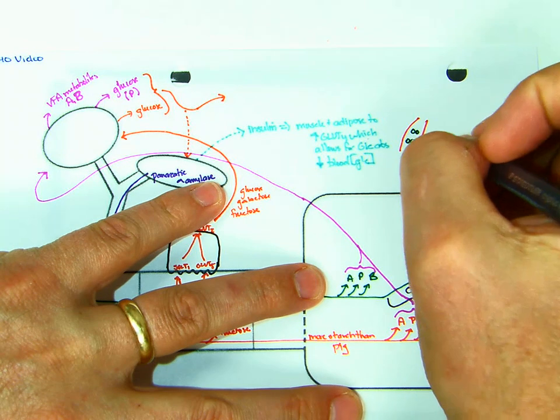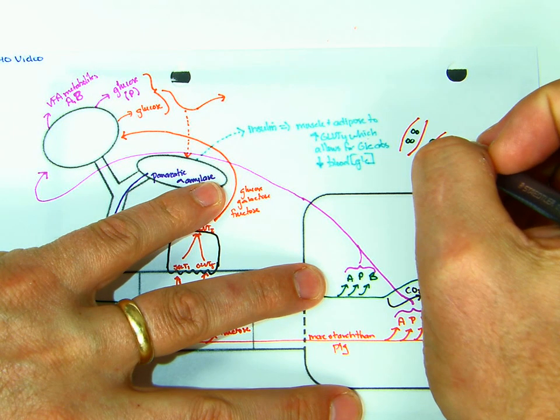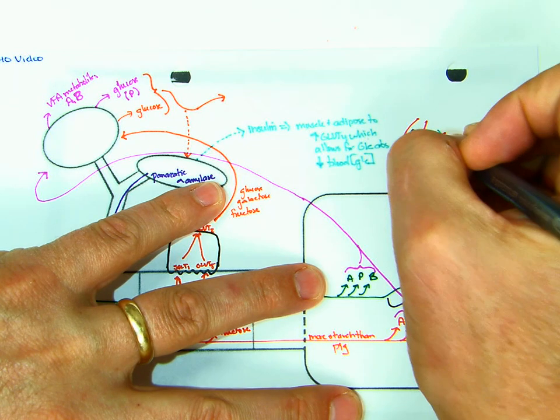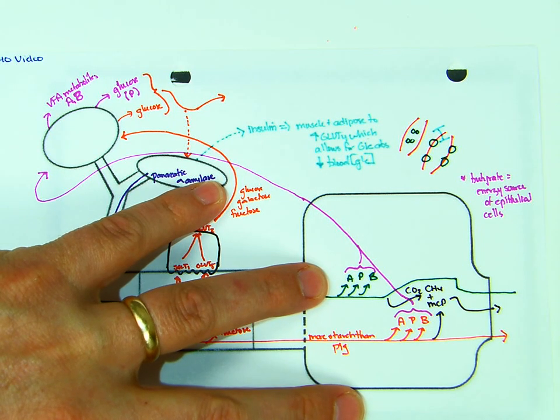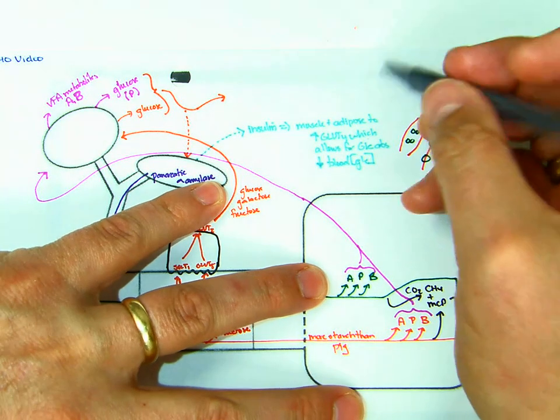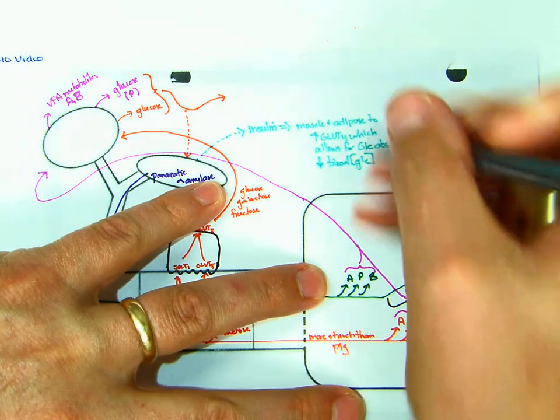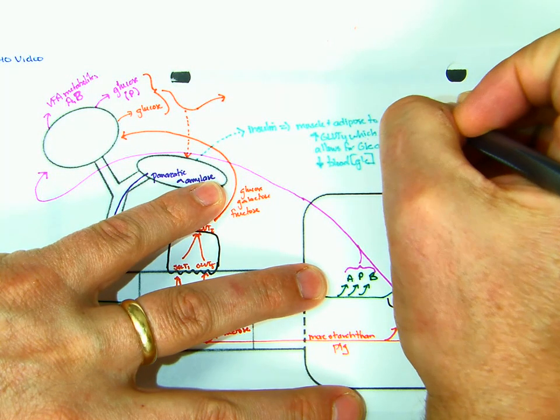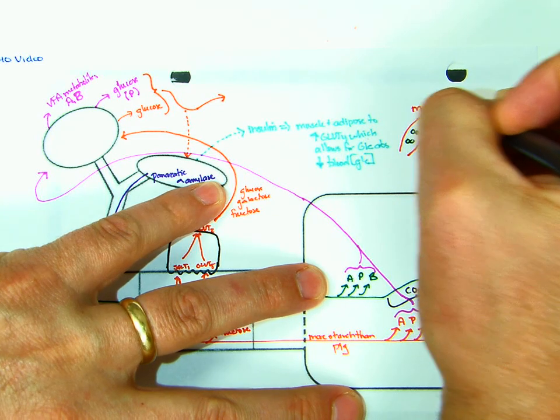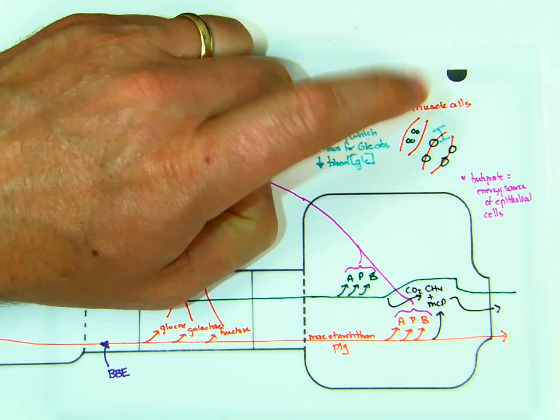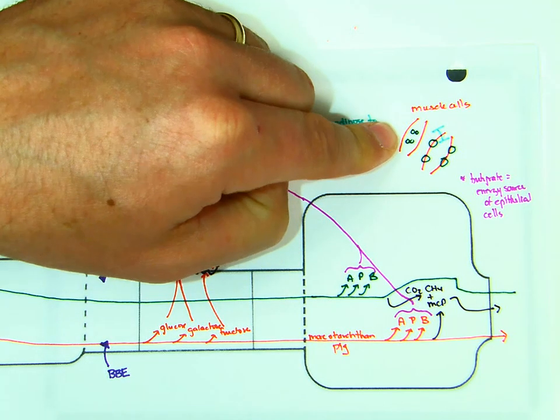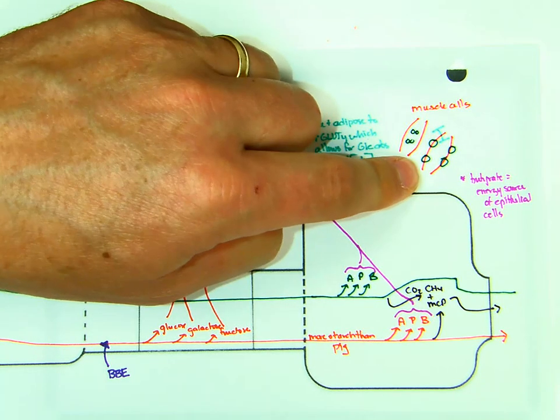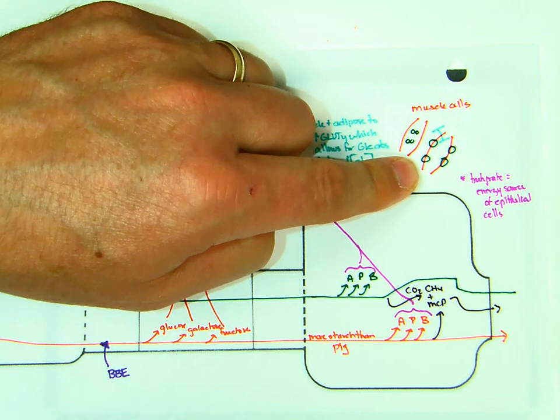It's because this one has insulin. No insulin there, so these are muscle cells. This could be a horse that doesn't produce insulin, right? And then this would be a normal functioning horse with insulin.